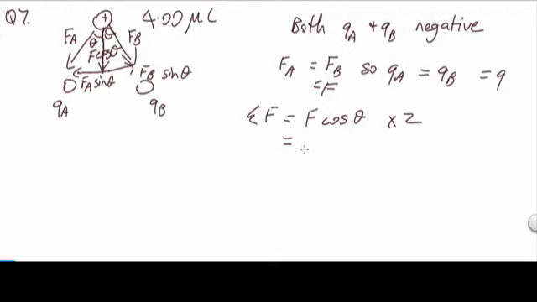So let's work out what the size of that would be. K, Q being the Q up the top, times, let's just call it QA, we know QB is equal, times cos 30, over R squared.